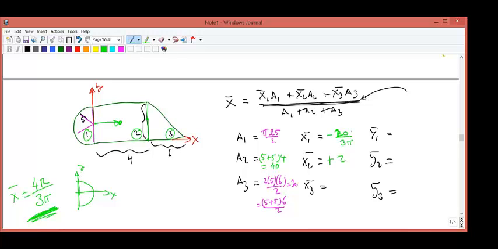Okay, area 1, left side of the y-axis. Remember, we measure all the x bar from the y-axis. So again, if you drew it, then you know, hey, my little vector is going left, same as chapter 2, minus sign. Okay, now last one, x3 bar. The key is going to be to draw it and to remember that all the x bar are measured from the y-axis, like that.